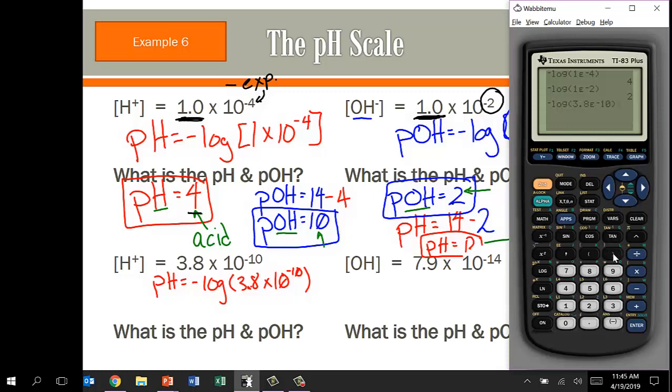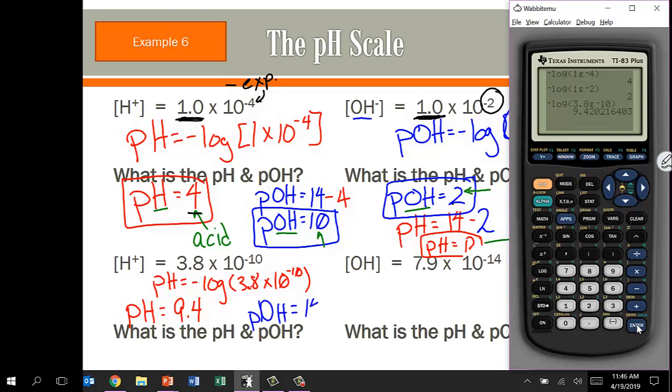And again, we expect a number that's near 10, and while 9 is close, it's not that close. So again, general rules of thumb. So we get that the pH is 9.4. The pOH is simply 14 minus that.